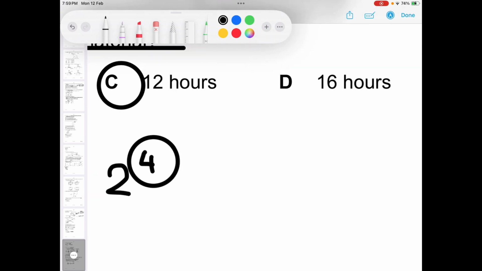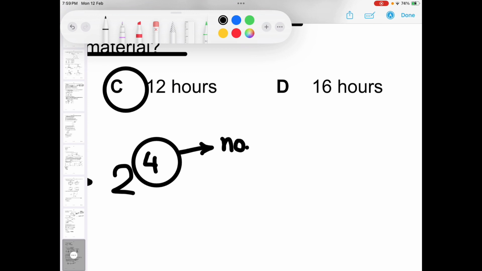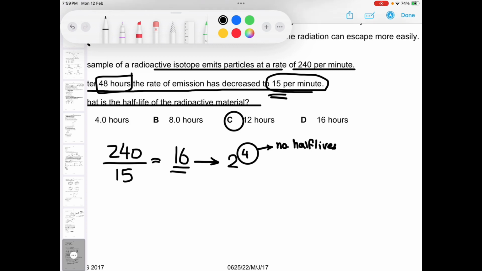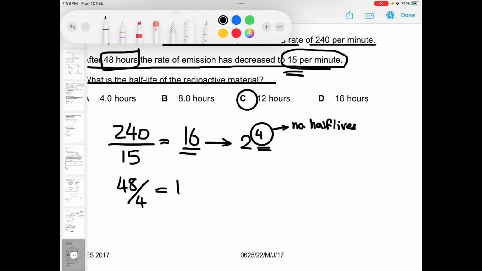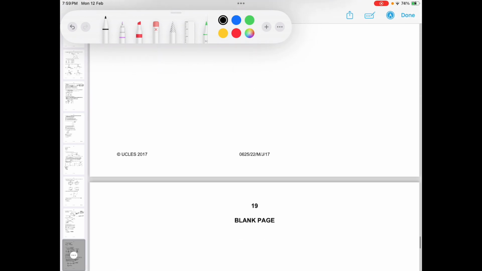This power indicates the number of half-lives. Because it's 4, we do 48 divided by 4, same step as last time, and it will be 12 hours. And this is it.